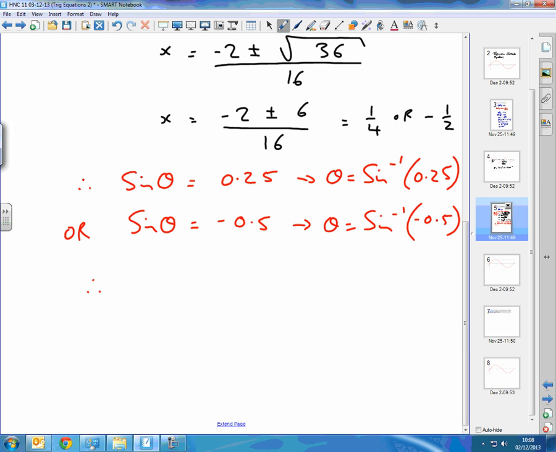So theta equals 14.5 or minus 30 degrees. So now, looking at these values, 14.5 and minus 30, we've got to look for values of theta within the range that we're allowed, 0 and 360 degrees.